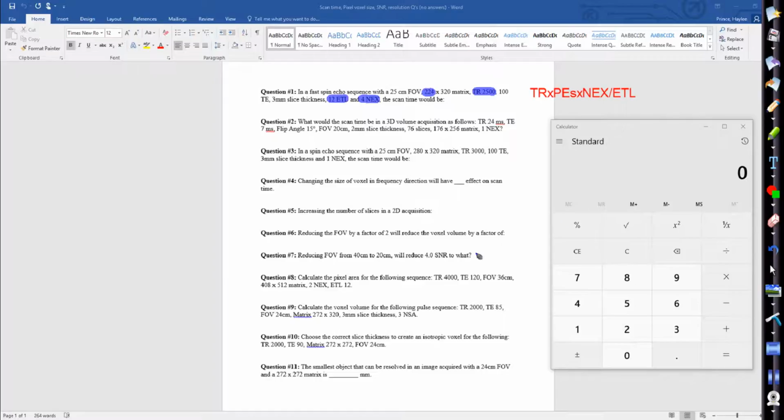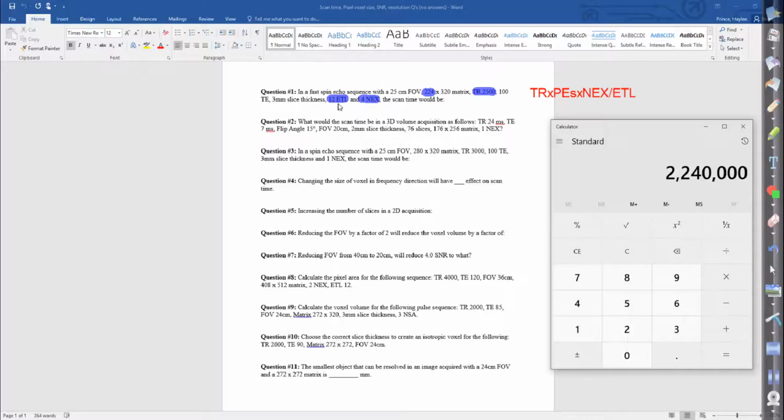Okay? So now let's calculate that. Start with our TR, so we have 2500 times 224 for our phase encoding direction times 4. Let's equal that out. It's a big number, 2 million plus.